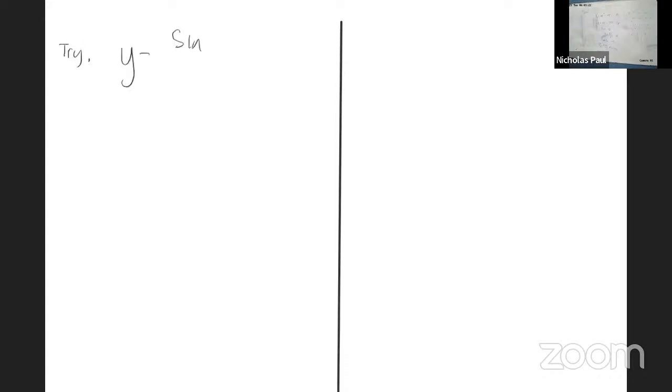I was going to give it tan x, but I'll just help you out. Find the differential of sine x over cos x. Choose the right rule and work it out. Simplify it.